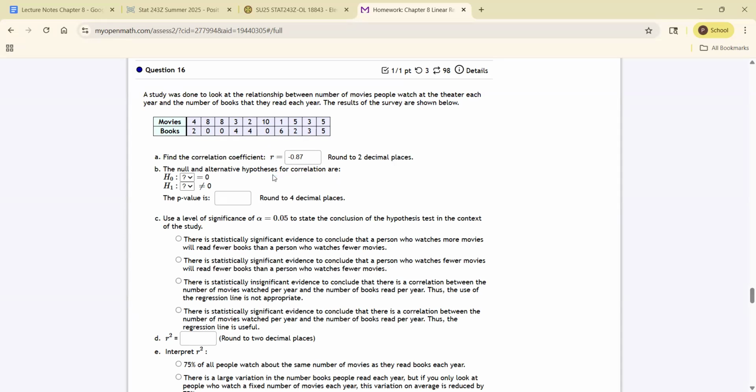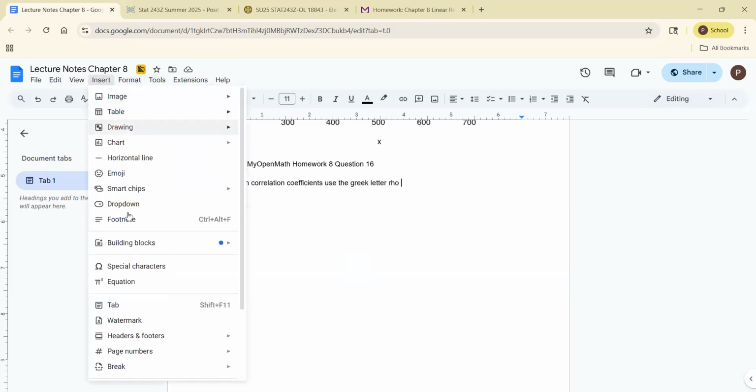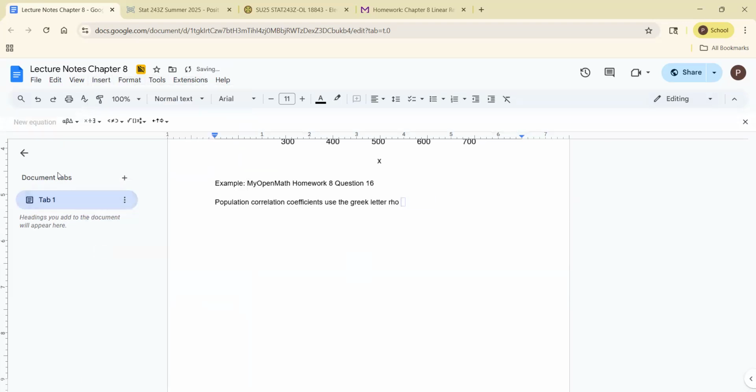Populations also have correlation coefficients, and they use the Greek letter rho, which is the Greek letter for R, but unfortunately it looks an awful lot like the Roman letter P. Rho looks like a lowercase p. This is not P, this is rho.